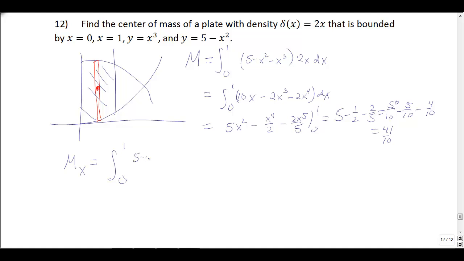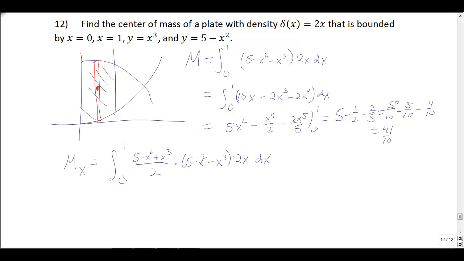That's going to be 5 minus x squared plus x cubed over 2, so the average of the top and bottom functions. And then we're going to multiply by the mass of the rectangle. So that's going to be the top minus the bottom, 5 minus x squared minus x cubed. But then we also have to multiply by our density, which is 2x. And then we get the dx here.